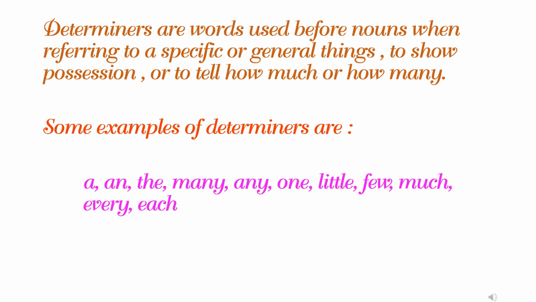They are used to refer whether the noun is a specific or general thing, or to show possession, or to tell how much or how many. Some examples of determiners are a, an, the, many, any, one, little, few, much, every, each, etc.